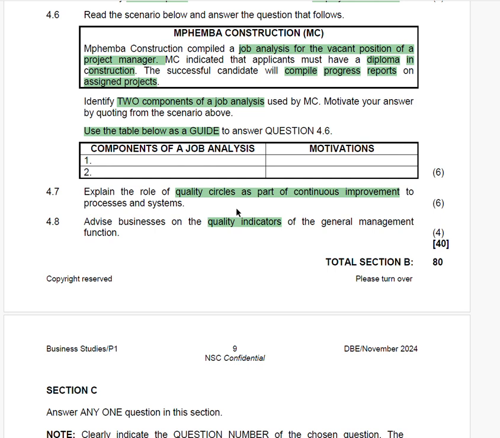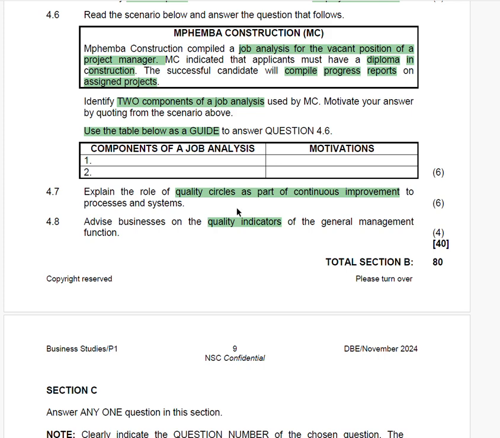You cannot keep a high talented employee to do admin work. You need a high talented employee to work on the strategic direction of the company. Allocate the resources effectively. Have standards and norms in the workplace as a control mechanism when it comes to doing things. So there's a lot that you can advise on the quality indicators of the general management function.